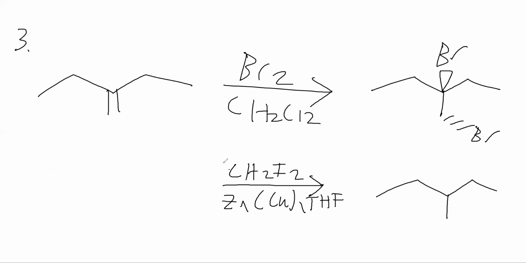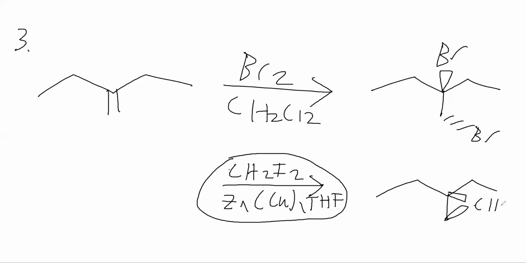Something I went over earlier today, when you have CH2I2 as the reagent over zinc copper and an ether solvent, that will lead to a cyclopropane. So you can draw it like this, or you can draw it like this, whatever works. They're both pretty much the same. So that's that.